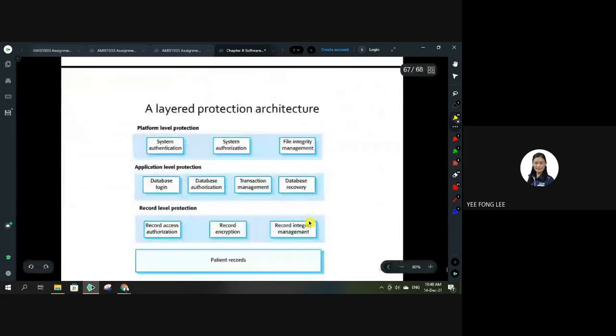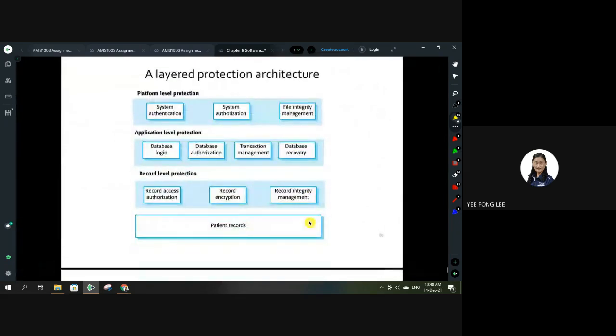Next one, a layered protection architecture. This one is related to the patient record system. You might refer to the case just now. This figure illustrates the patient record system where the critical asset to be protected, individual patient records, is protected at 3 different levels.